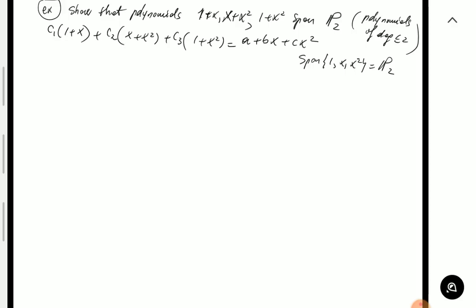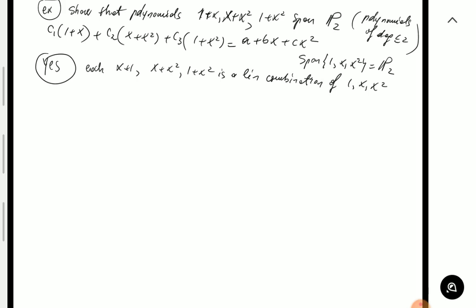Now, by the way, just so you know, and think about it for a second, the answer is obviously yes. Why? Because each of x plus 1, x plus x squared, 1 plus x squared is a linear combination of 1, x, x squared, which is clearly in the span, right?